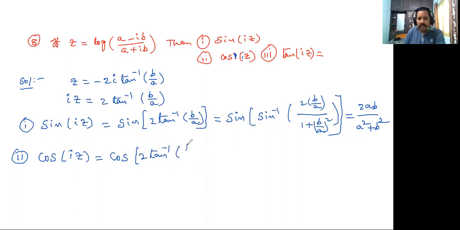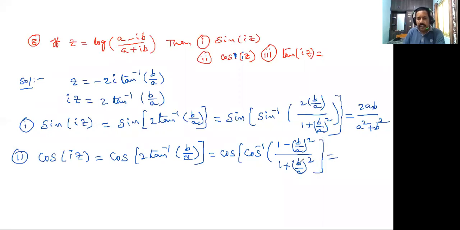Now the 2 tan inverse x formula in terms of cos inverse is cos inverse of (1 minus (b by a) whole square) by (1 plus (b by a) whole square). Now calculate this. Cos inverse cancels, and here take the LCM. Finally you'll get the answer (a square minus b square) by (a square plus b square). This is the answer of the second bit.